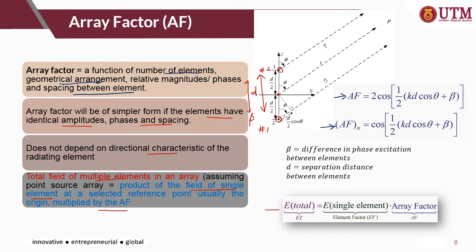So the total field equals the E produced by a single element, providing that all elements are excited by the same isotropic source, multiplied by the array factor. The selected reference point, for example in this case, is P, one point in the far field zone.